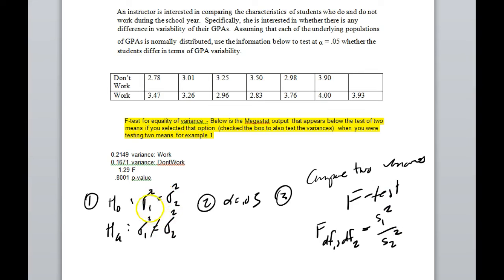Actually, I'm going to sub these differently. We're going to say work and don't work. You'll see why in a second. Because the way that this test goes is you always want the larger variance on top.